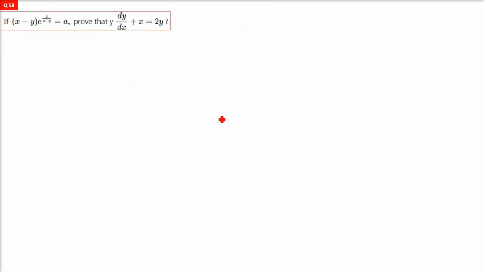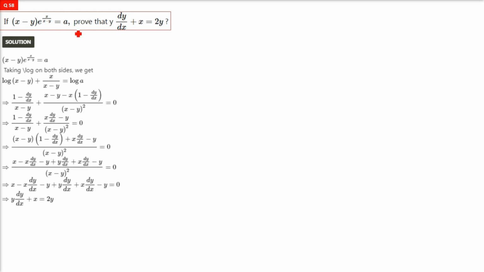Now the next term is x minus y e to the power x by x minus y, and this equation we have to form. This type of question we have already done a lot of times. So when we take the log, what are we going to get?